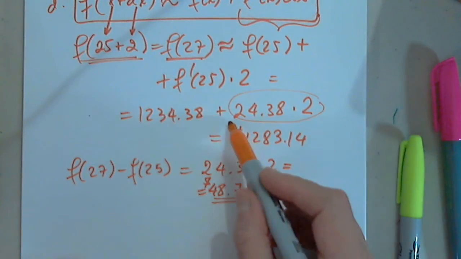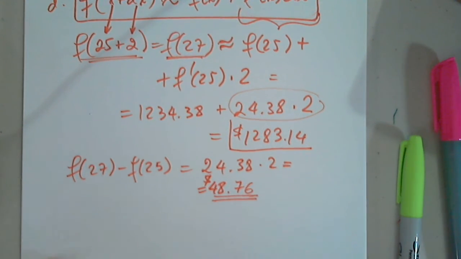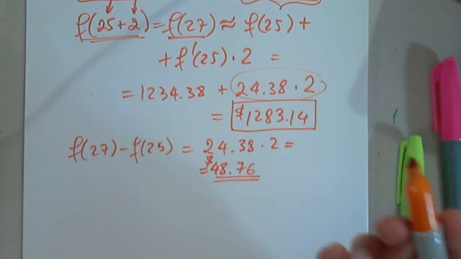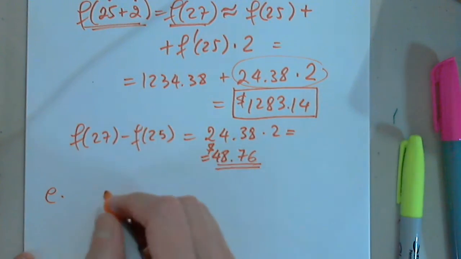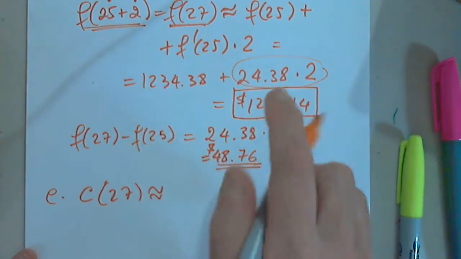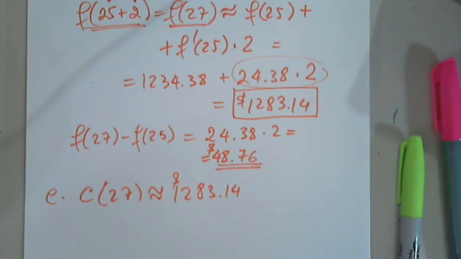So this is C of 27. We already did that. This is the correct order, in my opinion, but it doesn't matter. So in part E, the estimate is C of 27 is approximately this, 1283.14.